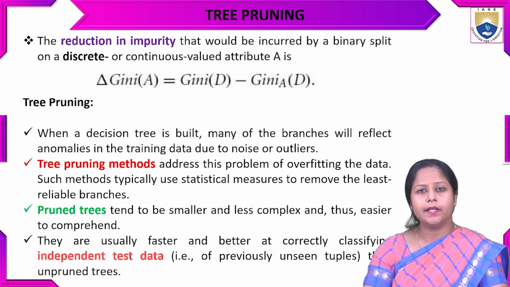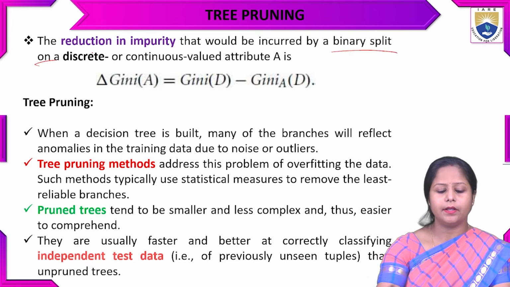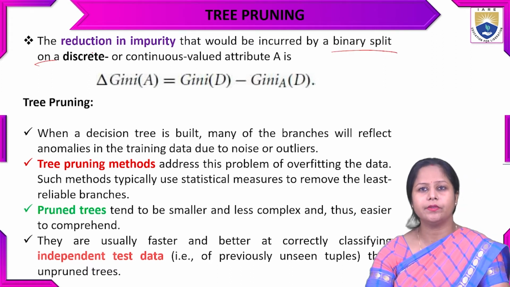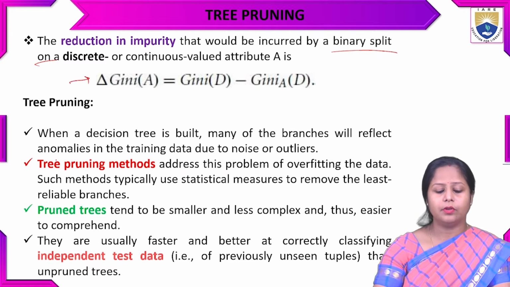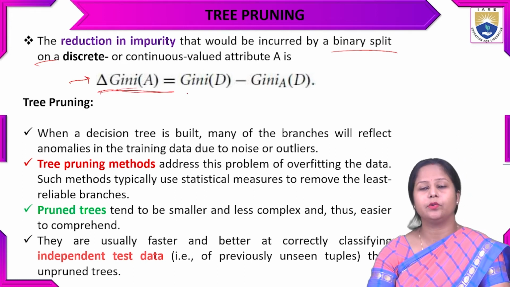Then the reduction in impurity incurred by a binary split on a discrete or continuous valued attribute A is calculated as delta Gini of A equal to Gini of D minus Gini A of D.